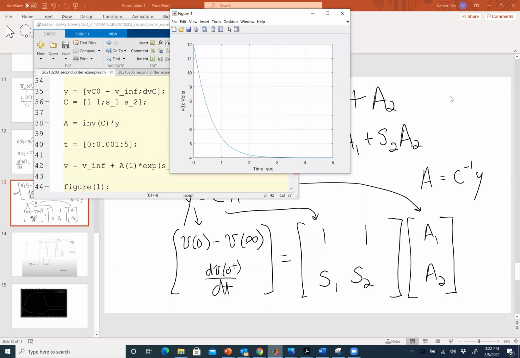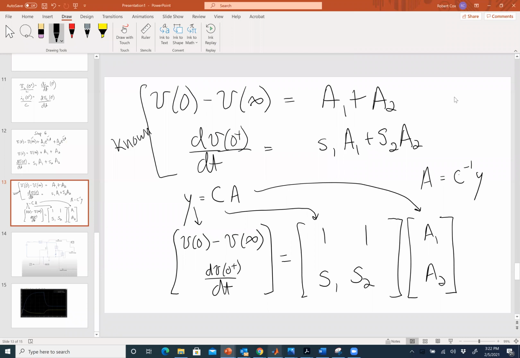Why is A the inverse of C times Y? What's the logic? That's just linear algebra. If I wanted to solve for an unknown, if you've taken linear algebra, you should have seen how to compute an inverse matrix.